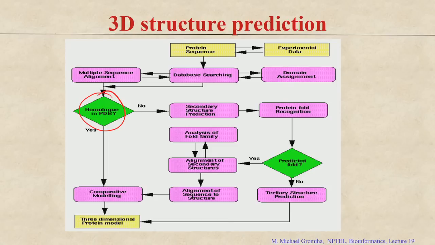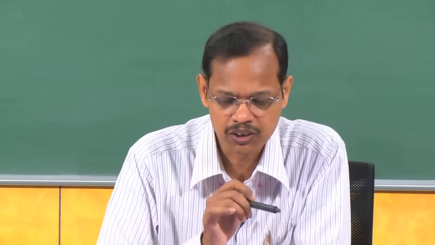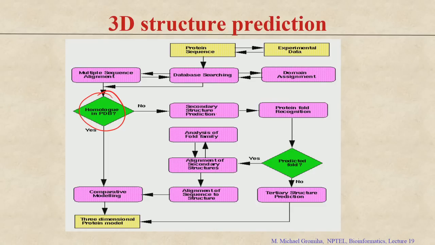Which type of identity is good enough to hold homology modeling, I will explain very soon. If you find significant homology, then you can go with comparative modeling or homology modeling. Fine. If there is no homologous structure in the PDB, then we go to the next step. You can try secondary structure prediction.